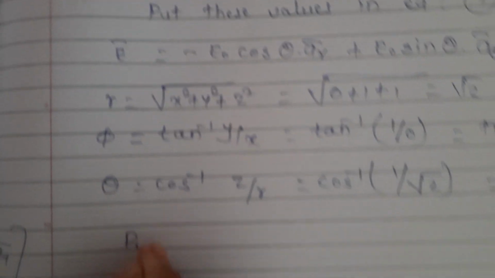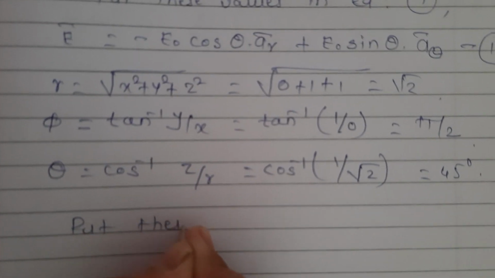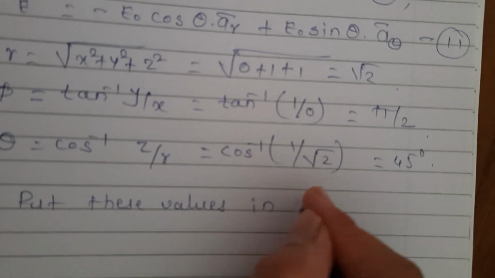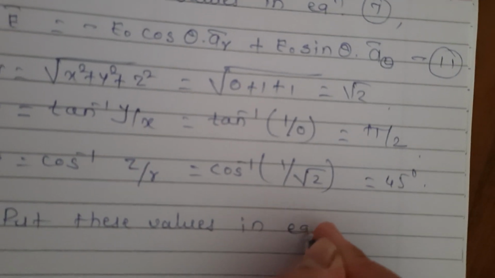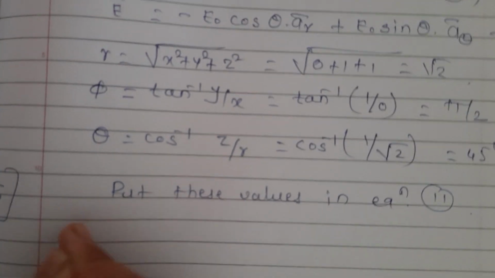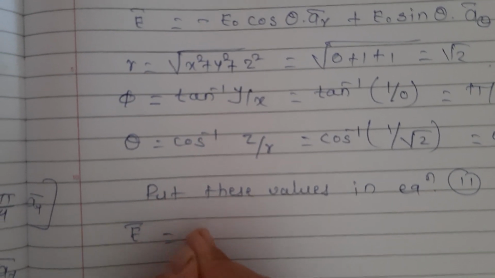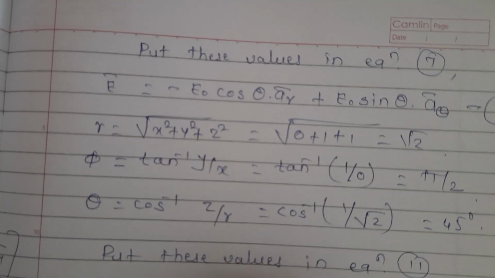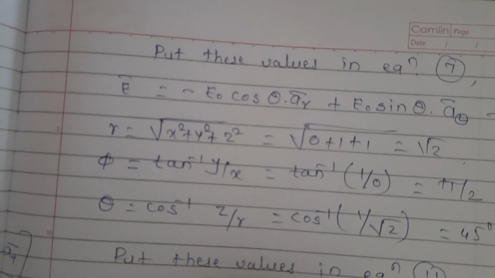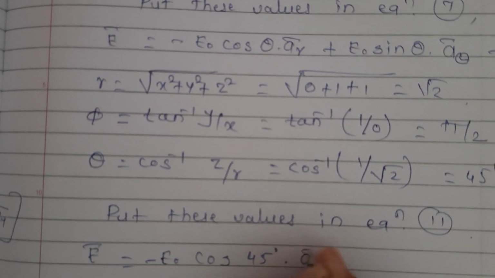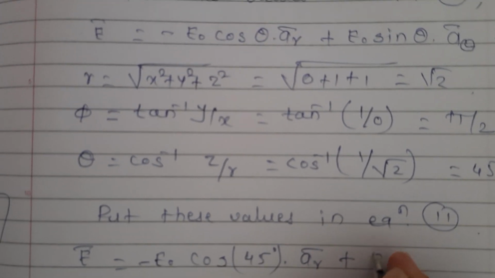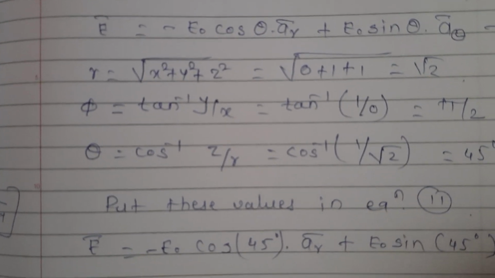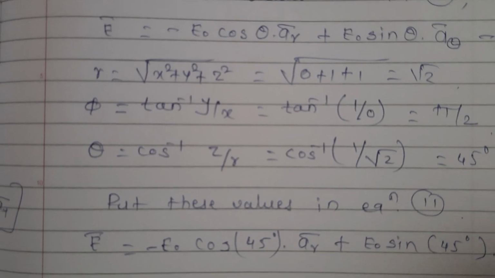So again put these values in equation 11. So E bar is equal to minus E0 cos of theta, 45 degrees, ar bar plus E0 sin of 45 degrees a theta bar.